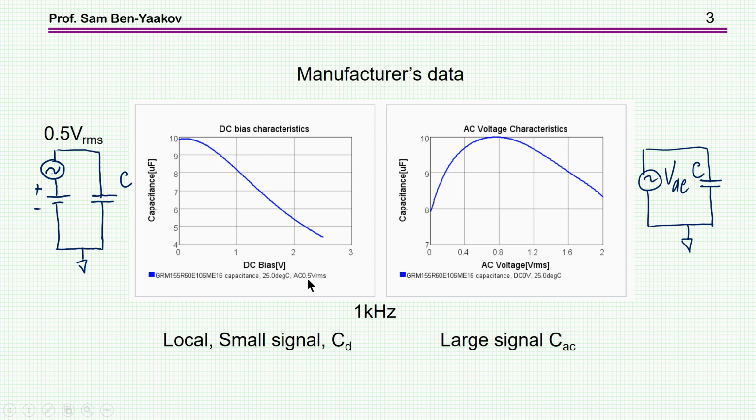This is 0.5 volt, and measuring the current, and thereby you can calculate the capacitance, and this is now shown here on this graph. This is, by the way, done for 1 kilohertz signal.